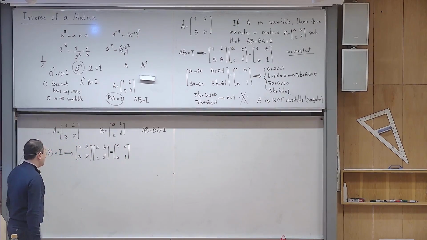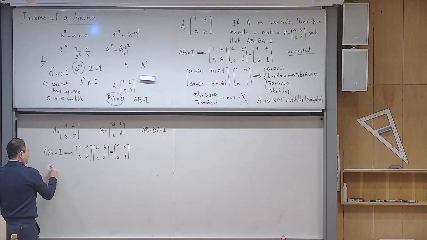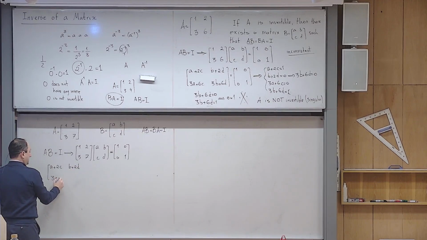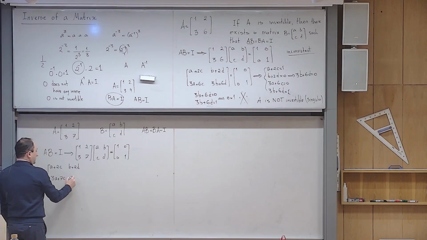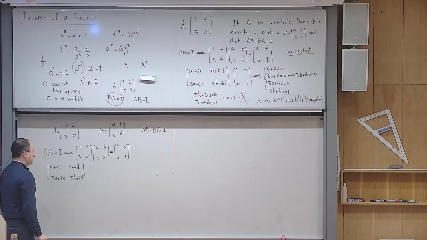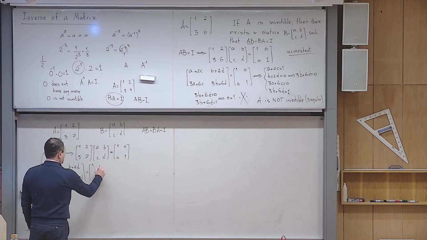And I do the calculations as before, take the row and column, so it becomes A plus 2C, B plus 2D, 3A plus 7C, and then finally 3B plus 7D. Yes, am I right? Yes. So this is equal to 1, 0, 0, 1.